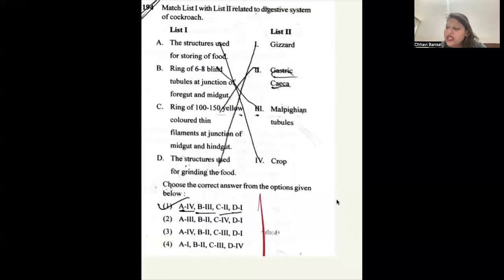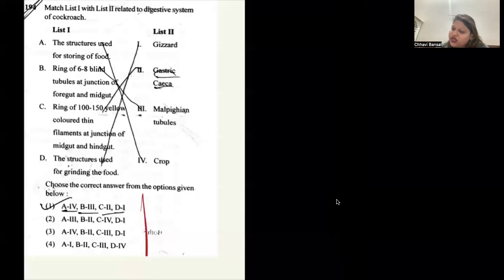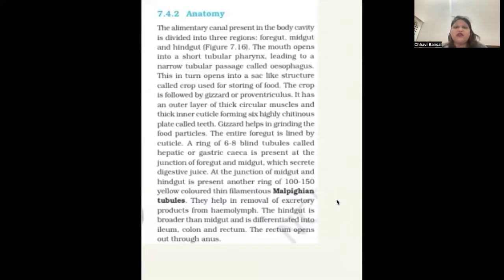Next is about the structure of the cockroach. There is one paragraph given about the anatomy of the cockroach and the digestive system. The alimentary canal consists of 3 regions: foregut, midgut, and hindgut. The mouth opens into a short tubular pharynx leading to a narrow tubular passage called esophagus.